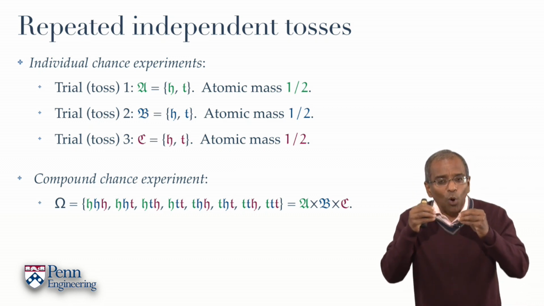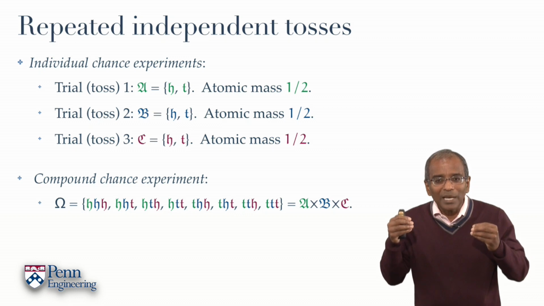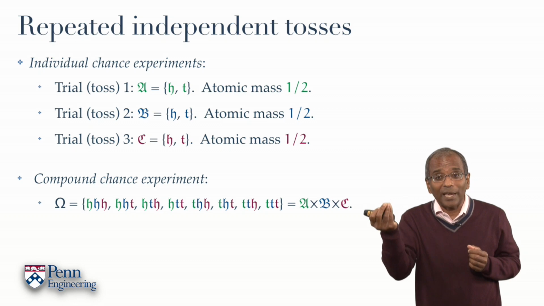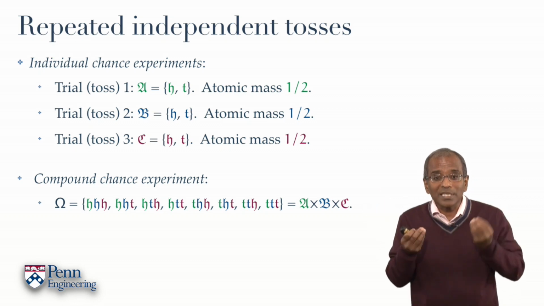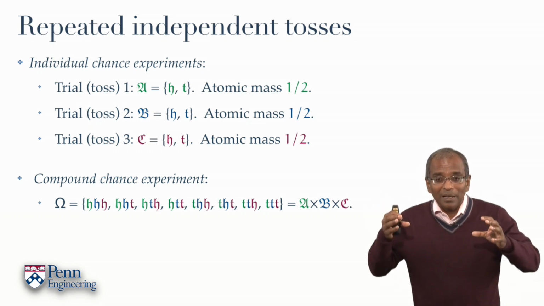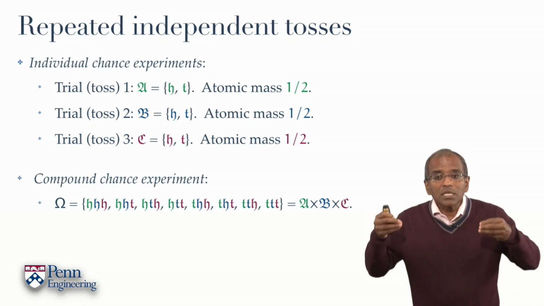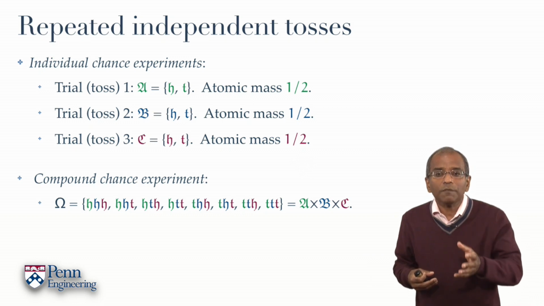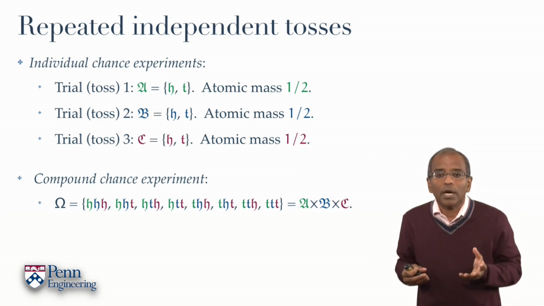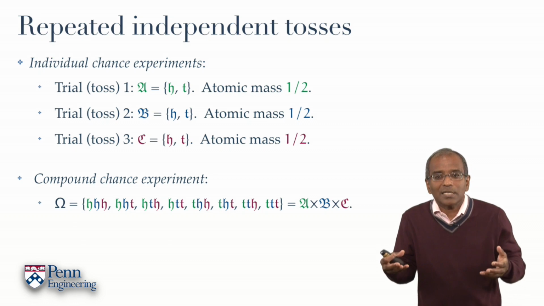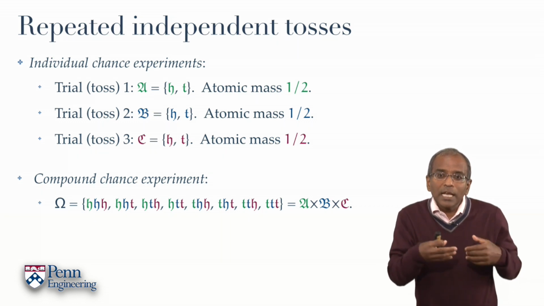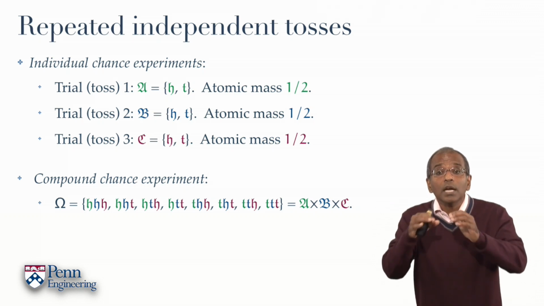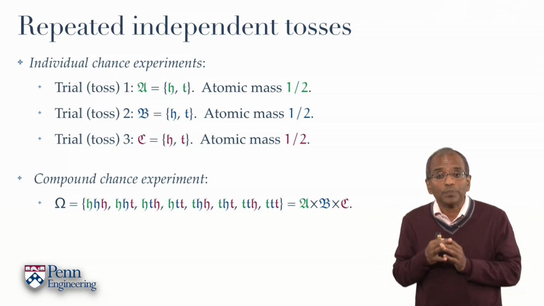The moment you talk about an ordered triple, we are talking about a Cartesian product, formally speaking, of Gothic A with Gothic B with Gothic C. Ordered triples are the sample points of this compound experiment. It doesn't suffice to tell me what happened to the third trial. If you just say heads, well, that doesn't tell me what happened to the experiment. The experiment requires a specification of each of the 3 trials. In other words, triples are sample points.